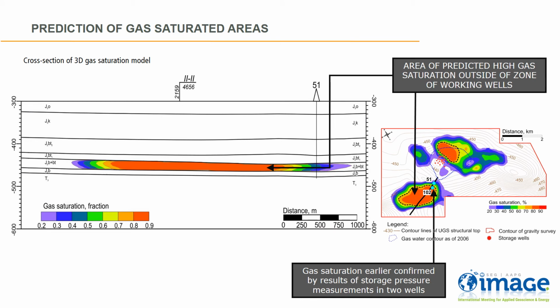It should be mentioned that the predicted gas saturation is confirmed by well tests in 2 wells within this zone. It is probably a formation of an artificial gas pool caused by UGS exploitation regime disturbance in a previous year. Because of the inability to use this part of the reservoir for gas storage, it is proposed to be developed as separate industrial gas pools.